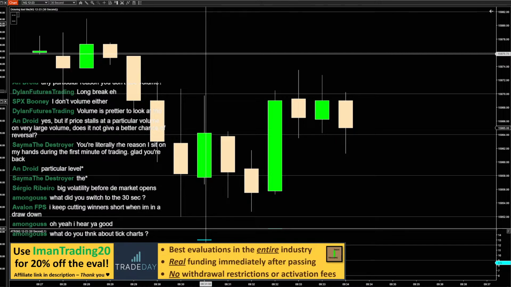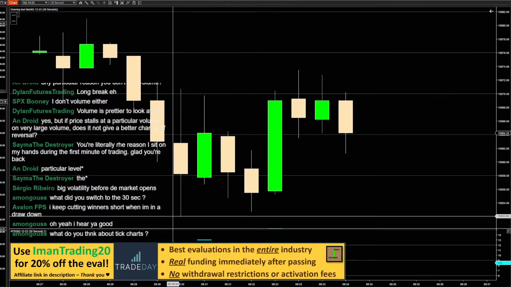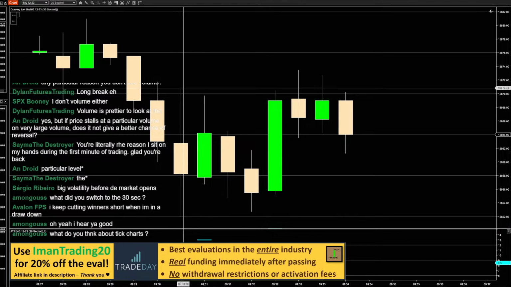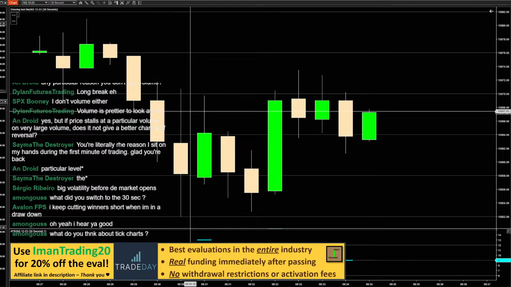Alright. Got sort of a tight range on the open. Makes it kind of hard to only trade in the middle.